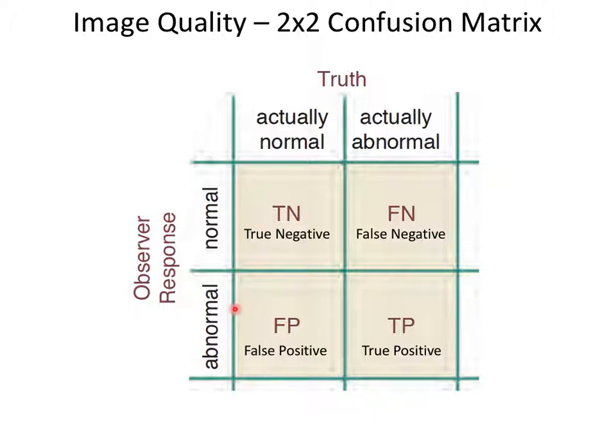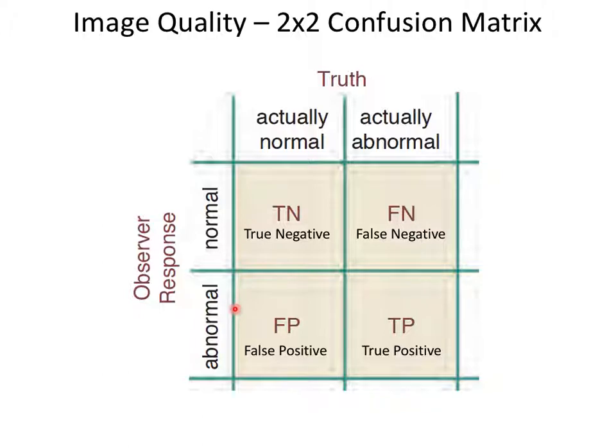Another common thing you'll see in publications that are evaluating an imaging diagnostic test is this 2x2 confusion matrix. You have a group of truly positive patients and a group of negative patients, and you're trying to separate them, and you get these 4 categories of results.